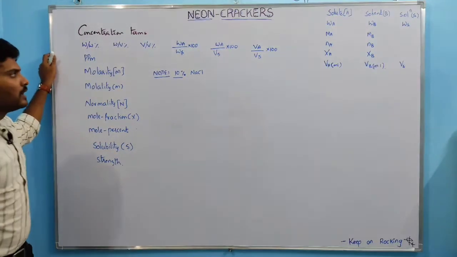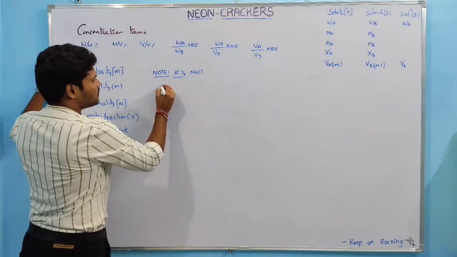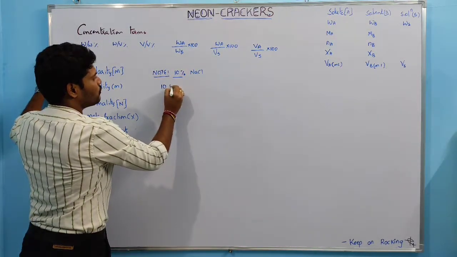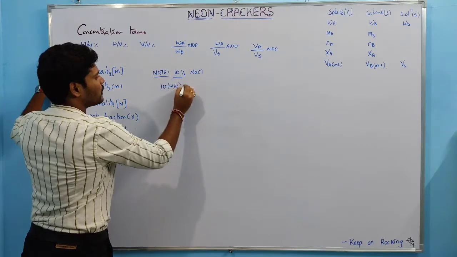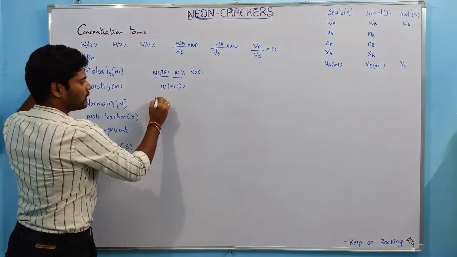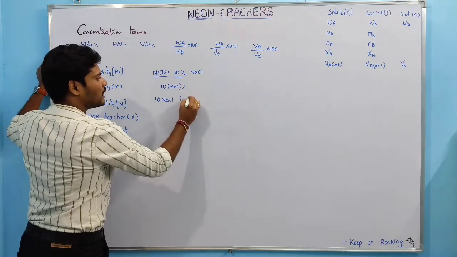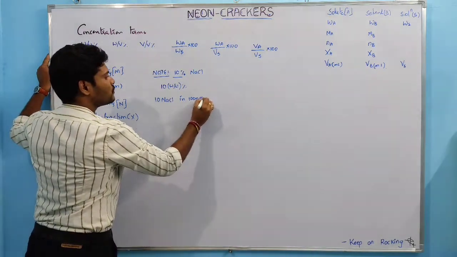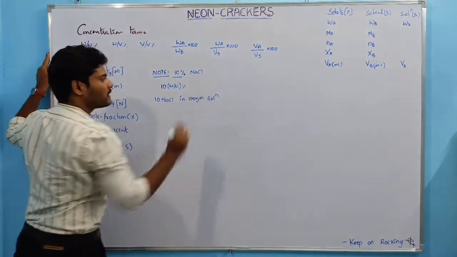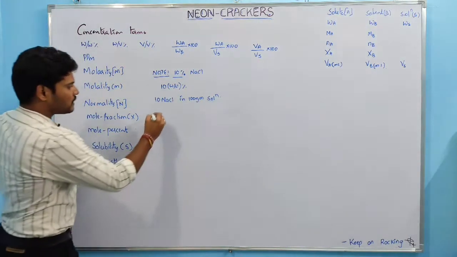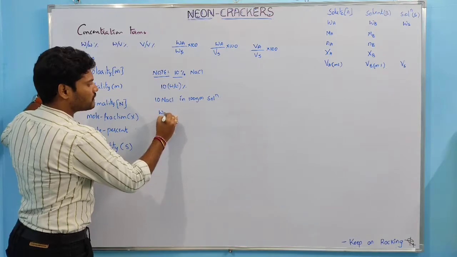What do we have to consider? If nothing is mentioned, that is simply weight by weight percent. What does it mean? 10 grams of NaCl dissolved in 100 grams of solution. So from that, indirectly you can find the weight of the solvent.